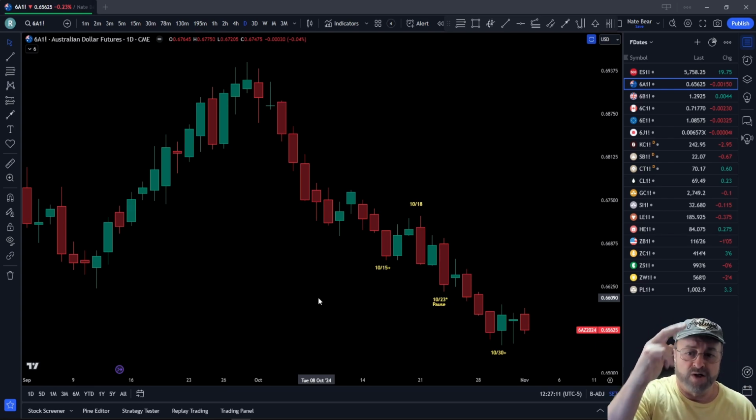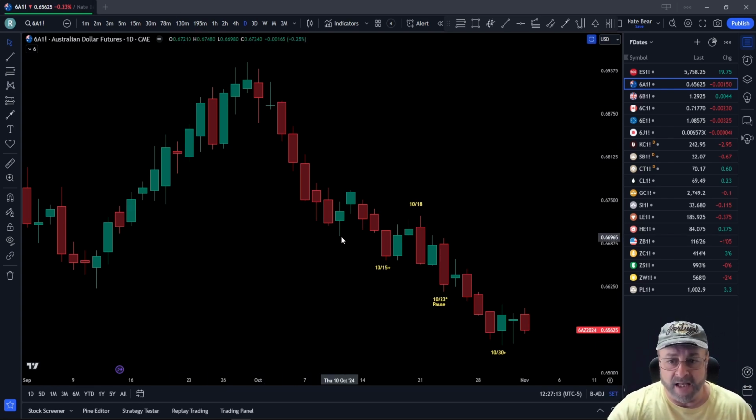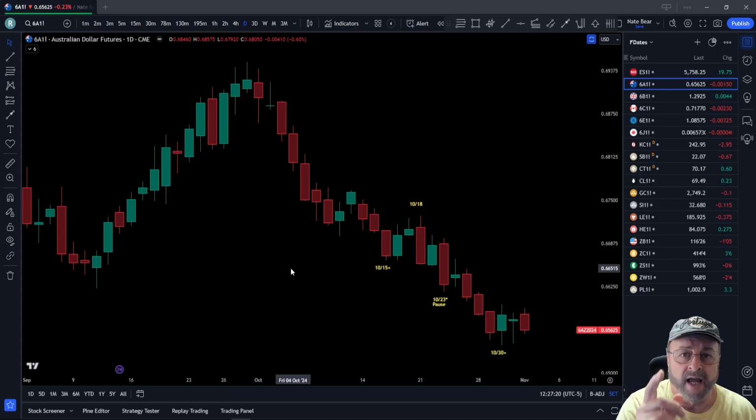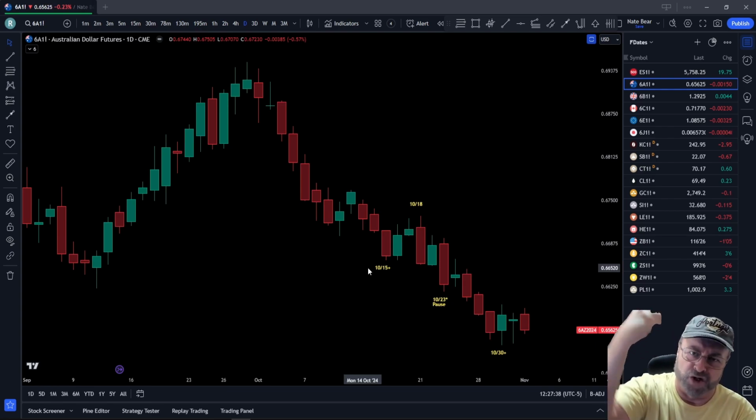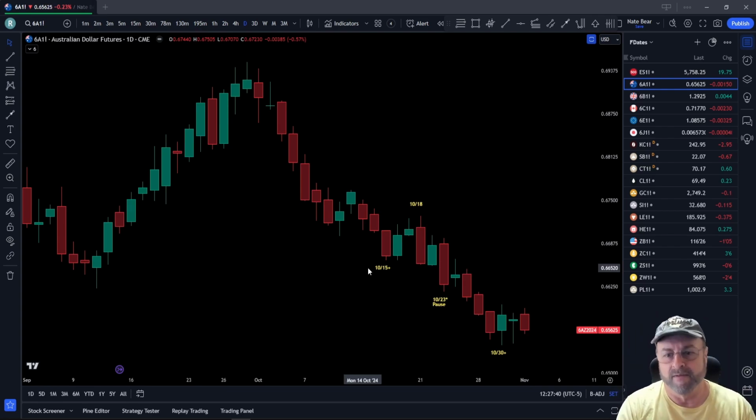Remember, lower swing bottoms and lower swing tops is a bearish trend. Should you be buying a bearish trend? No. So even though we were expecting, notice the words I use here: expecting, probable, likely. Never say it will for sure do this, with some exceptions.